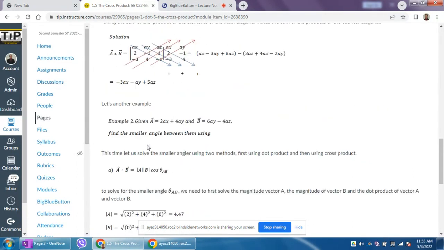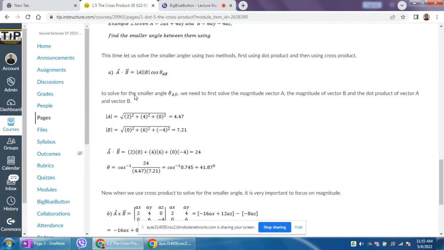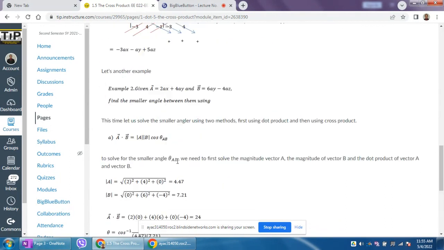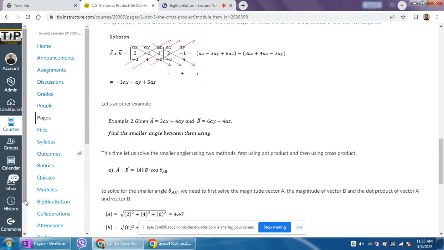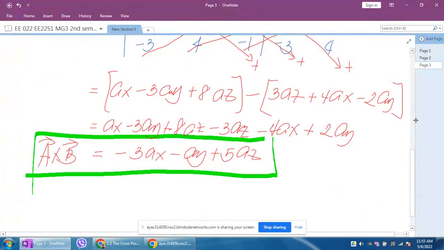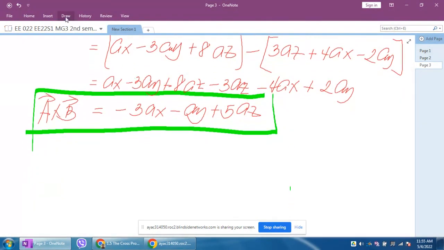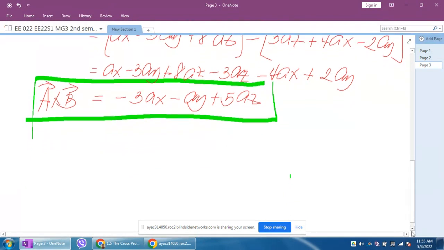Dalawang method po ang gagamitin natin dito: dot product at saka cross product. Okay, example number 2.